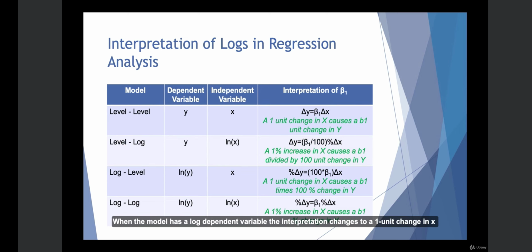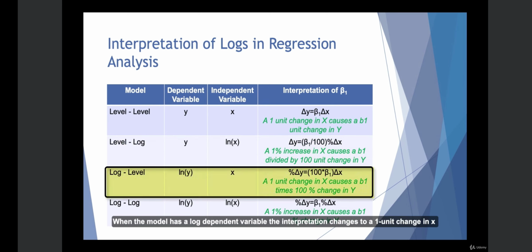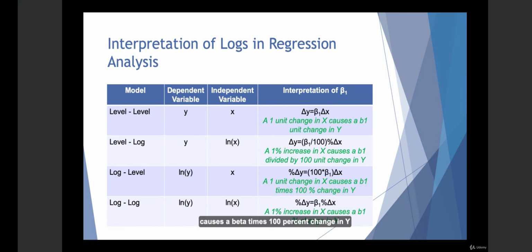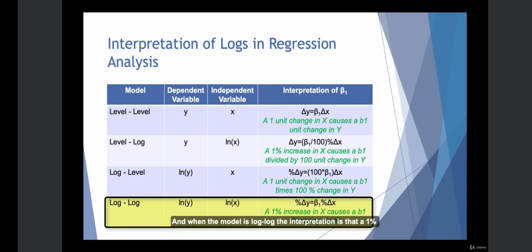When the model has a log dependent variable, the interpretation changes to a 1 unit change in x causes a beta times 100% change in y. And when the model is a log-log model, the interpretation is that a 1% change in x causes a beta percent change in y.